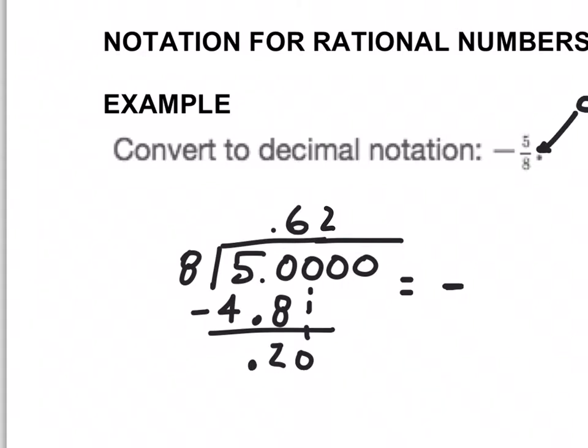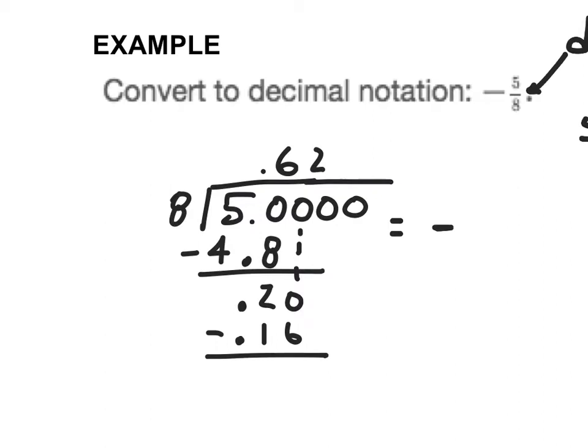So I need to keep my decimal place here. I'm going to put a 16 here, and then subtract. 20 minus 16 gives me 4. I'm going to keep the decimal there and put a 0 and a 4. Then I repeat the process: how many times does 8 go into 4?